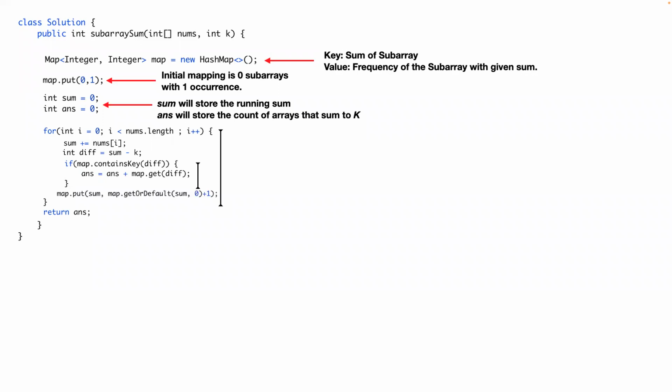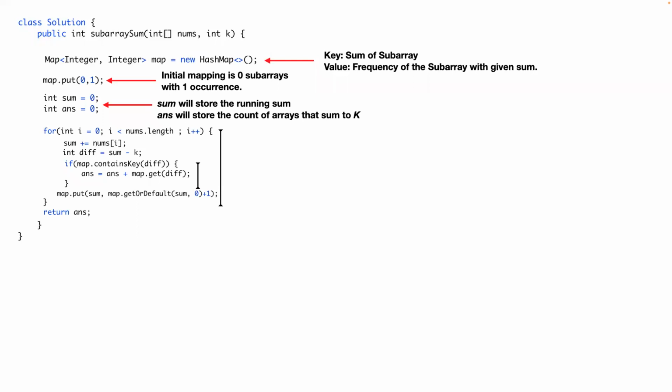And of course, irrespective of whether or not we find subarrays that add up to that difference, we still want to store the frequency of our sum. This is our way of preparing for the next iteration, right?